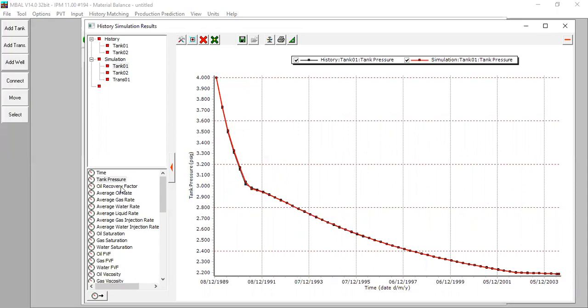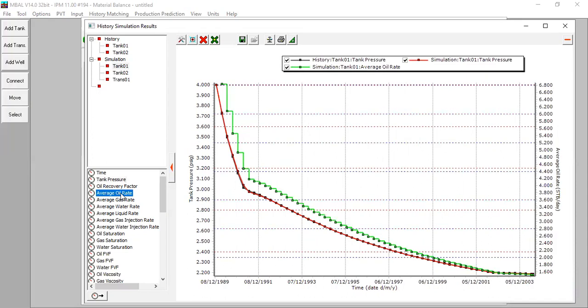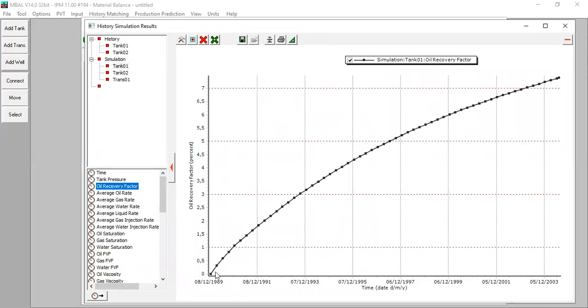Okay, and now we can generate the average oil rate like this. And if we want to show the recovery factor, then it is like this. So production from 1990 to 2003, we can only reach a recovery factor of 7.3966, or 7.4%.